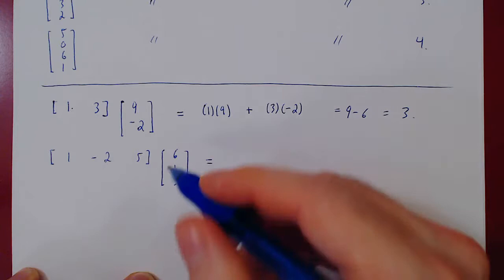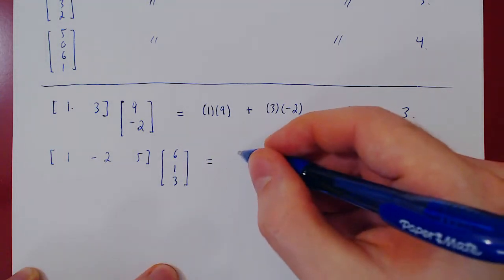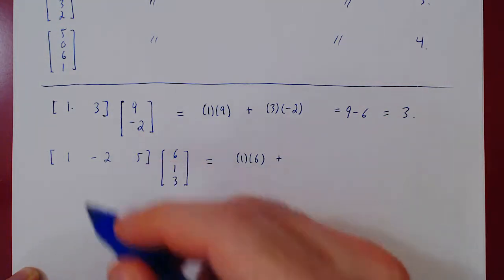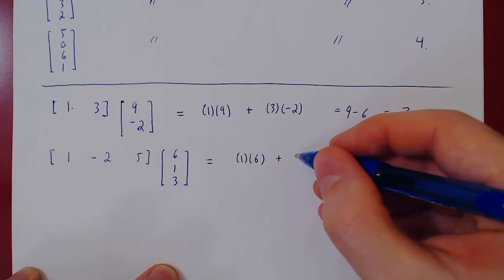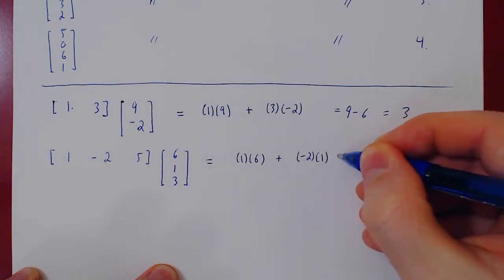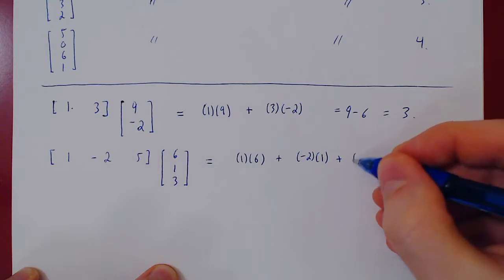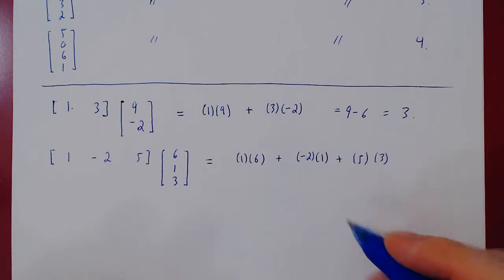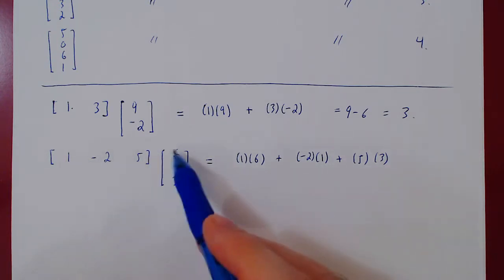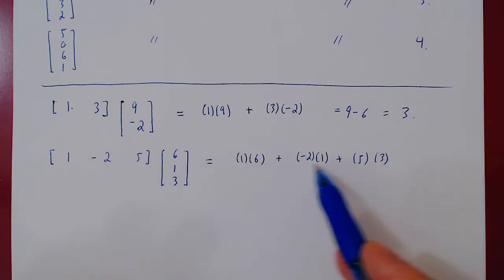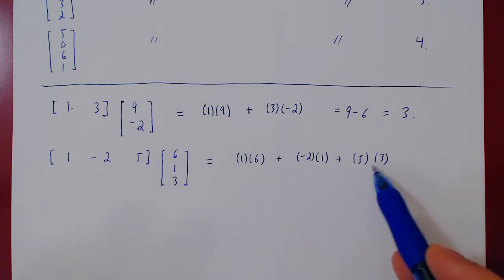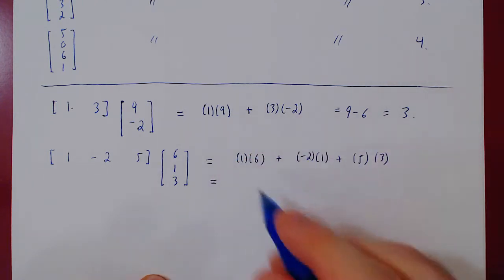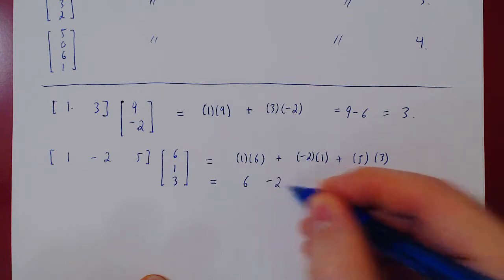The first entry of our row matrix times the first entry of our column matrix, so 1 times 6, plus the second entry of our row matrix times the second entry of our column matrix, plus the third entry of our row matrix times the third entry of our column matrix. So once again, what we did is we multiplied corresponding entries, first with the first, second with the second, third with the third, and then we add the products up. Well, this is 6 minus 2 plus 15.